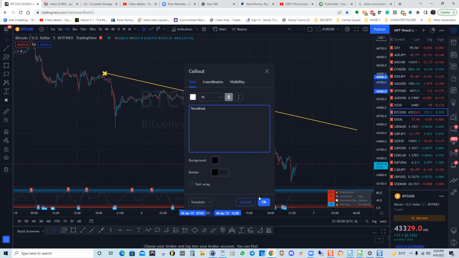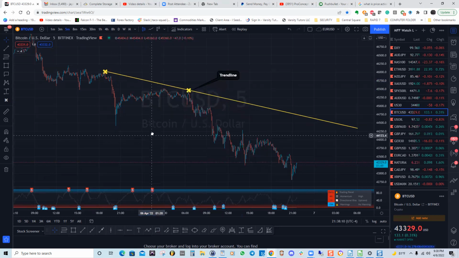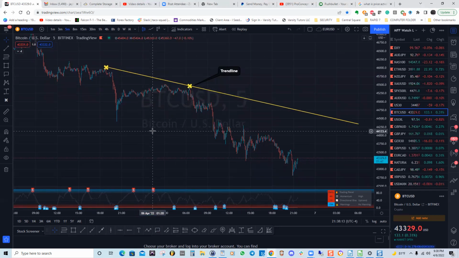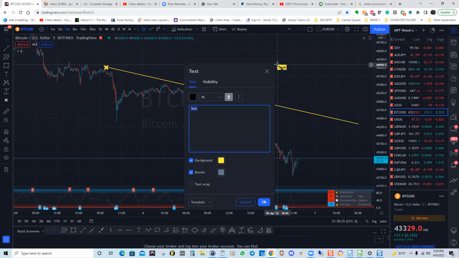Next, we're going to look at support and resistance. Actually, let's define what support and resistance is. So we're going to come over here and define support. Support, think of support being like the floor.